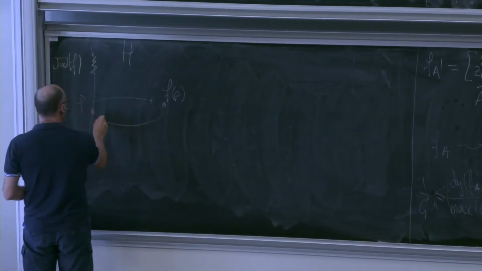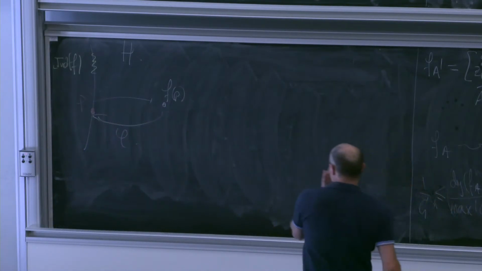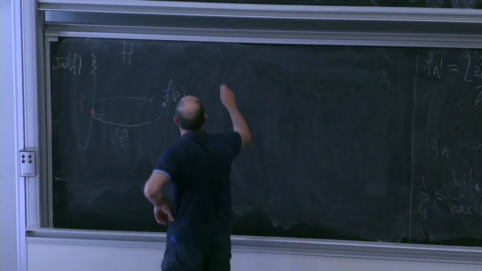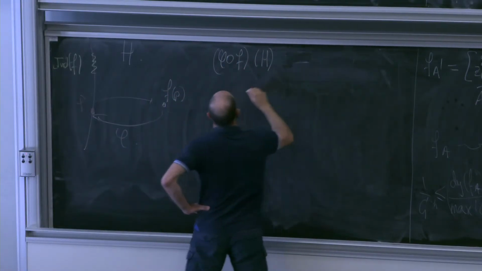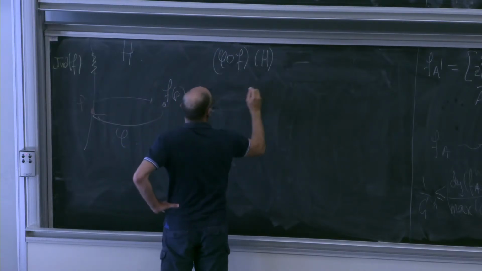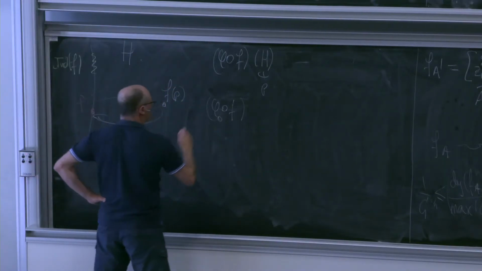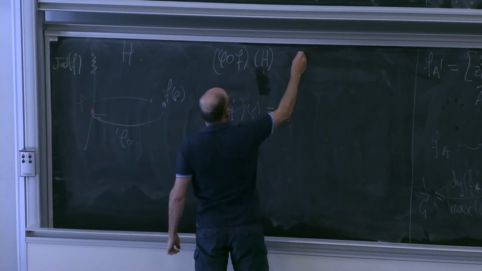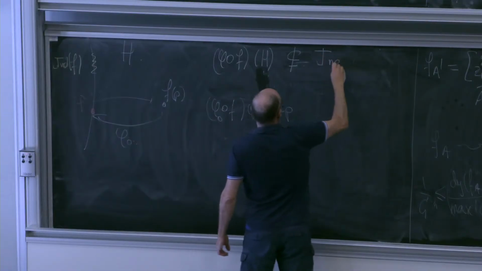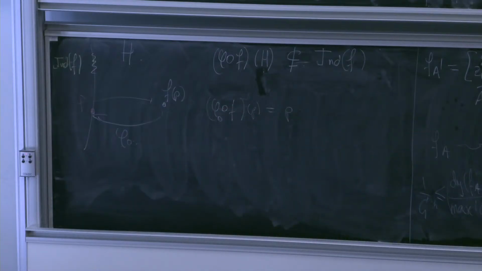Then I can post-compose by phi, such that it comes back to P. And so in that case, phi composed with F of P inside H has image phi naught. So I choose phi naught such that phi naught composed with F of P is equal to P. And so this implies that this is not included inside the indeterminacy locus. Okay? And so your locus U_N is non-empty for all n.